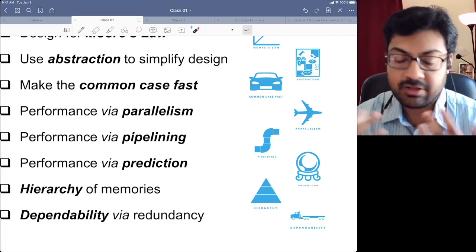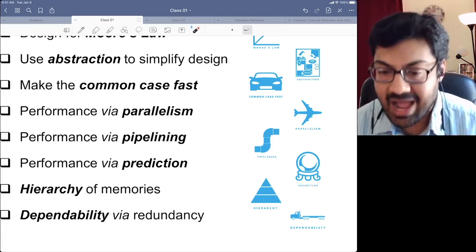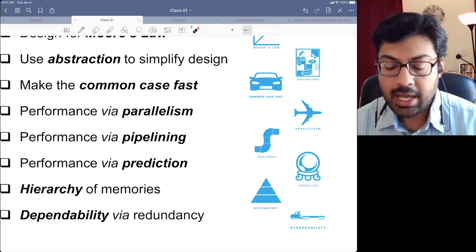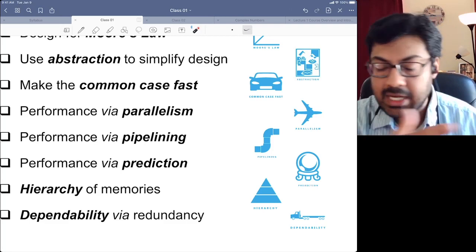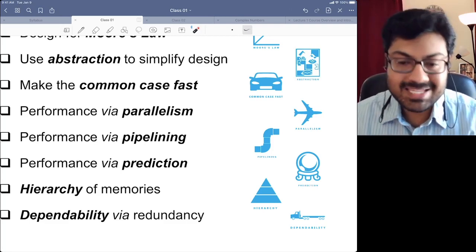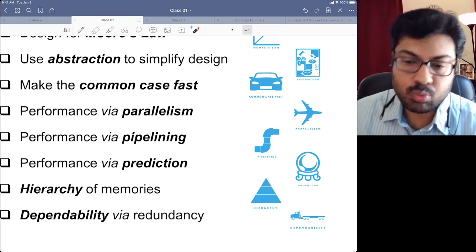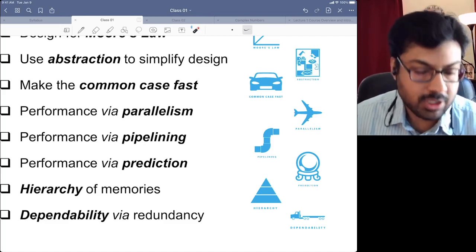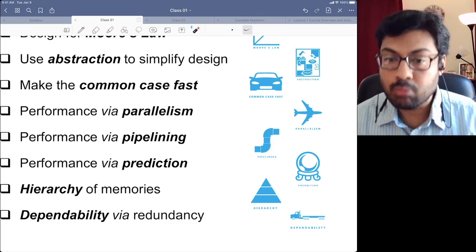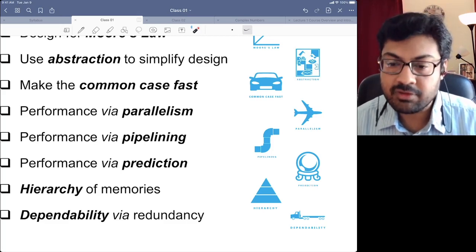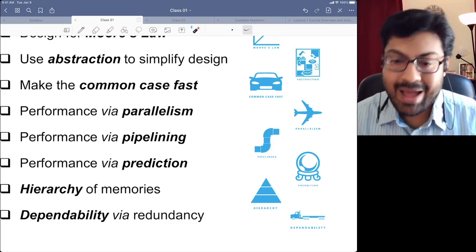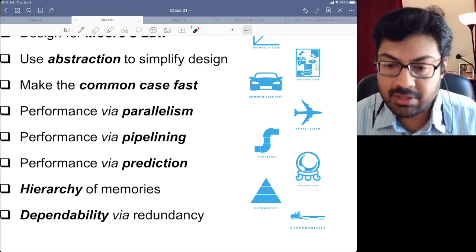And in the textbook, there is a very good example about putting out a fire, right? So if you are trying to put out a fire, and say you are doing this by creating a human chain in which people are passing buckets of water, and there is one person at the very end who is actually putting the water on the fire, what is going to be more efficient? One option is one person runs back and forth with the bucket of water.